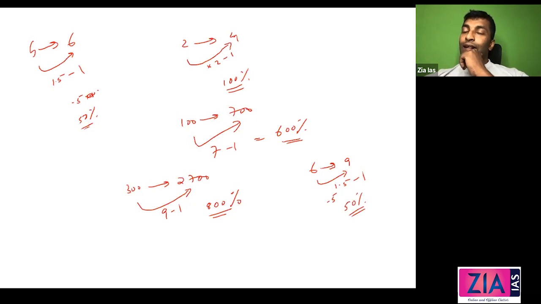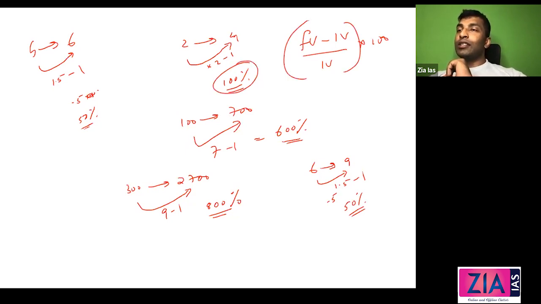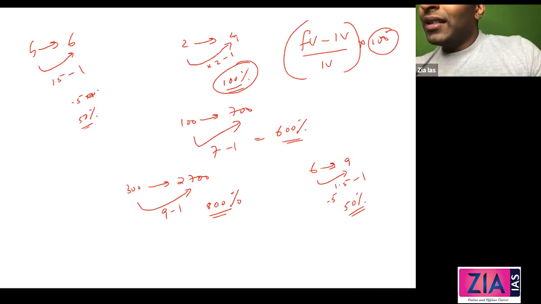Clear? Guys, this is nothing but your formula only. Final value minus initial value divided by initial value into 100. What is this? This one. Factor of multiplication, when I say it, it is this one, right? This part. And then adding 0s is this part. You just split this. You have a common denominator. What you can do?